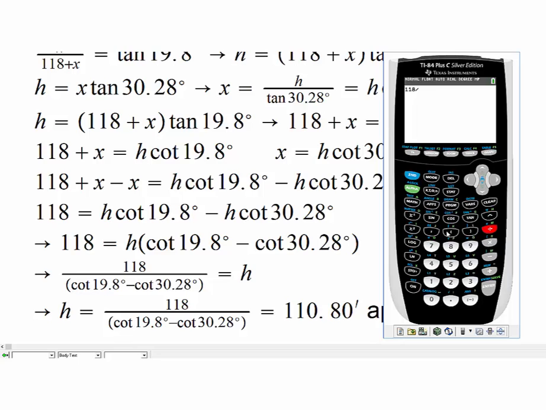So I'll just write 118 divided by 1 over tangent of 19.8, and minus 1 over tangent of 30.28. So we should get the same value as here if there is any justice, and we did.